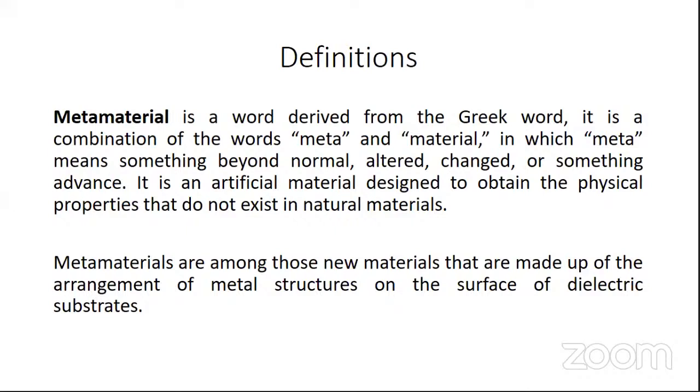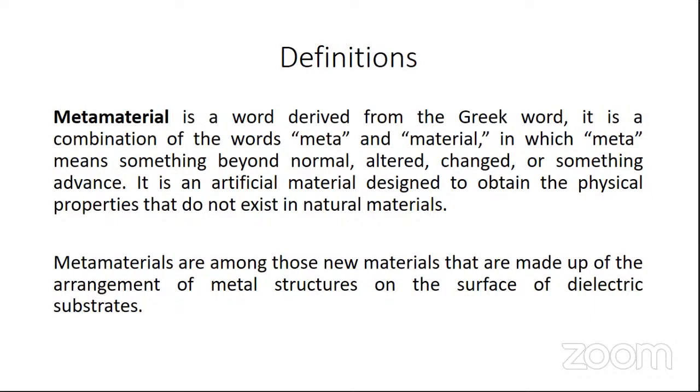What is meant by metamaterial by definition? The word metamaterial is a combination of two words, meta and material. It is derived from the Greek word meta, which means something beyond, altered by its nature, or changed to something in advance.